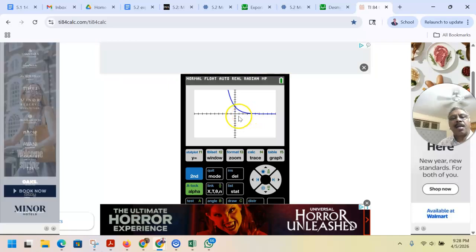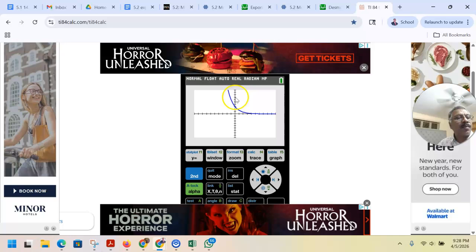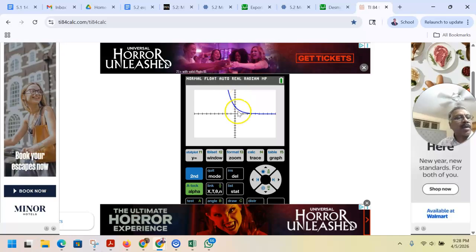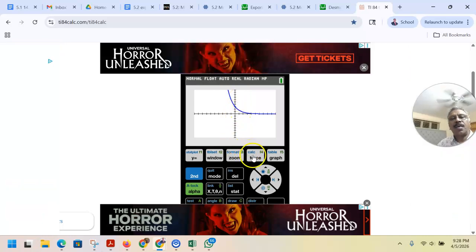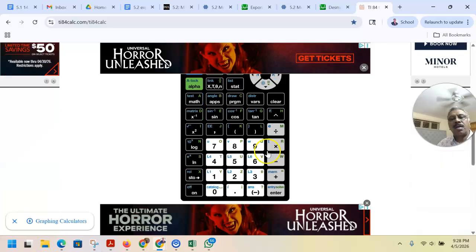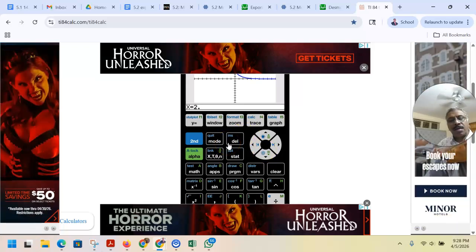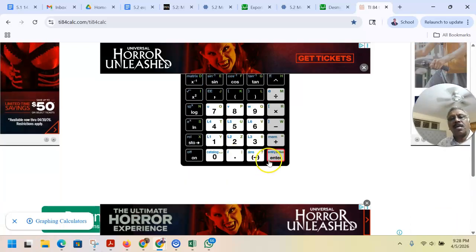And also you can find the value for any input. If I want to know what it is at 2.3, you can go second calc, value, enter, and you want to put 2.3 and enter, and you get the answer.